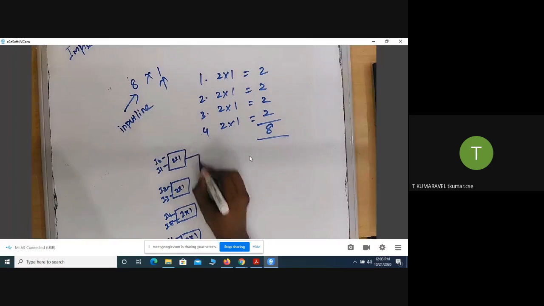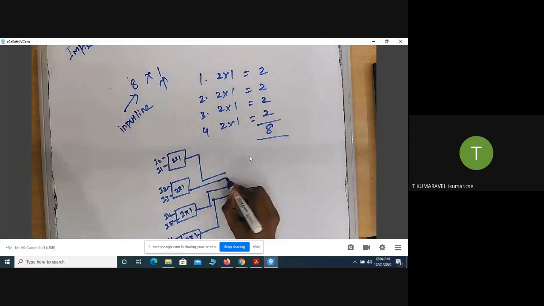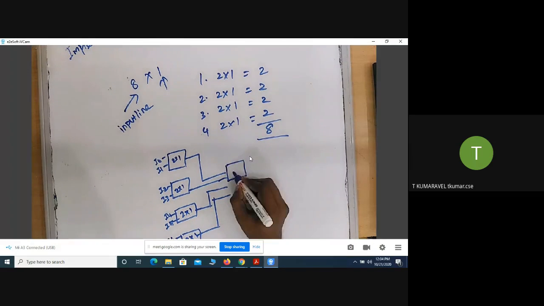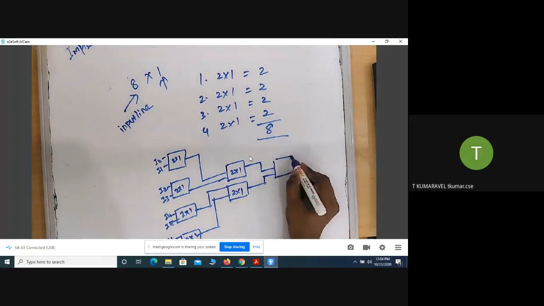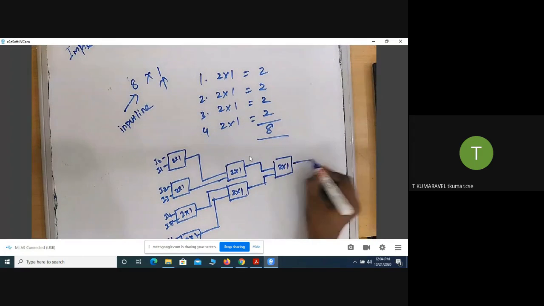Each one produces an output, so totally 4 outputs are there. My objective is to generate only a single output. So for that, here I'm going to connect one 2 by 1 multiplexer, and here one more 2 by 1 multiplexer, and each one produces an output. Here two outputs are there, but I need only a single output. Because of that, I'm going to add one more 2 by 1 multiplexer.